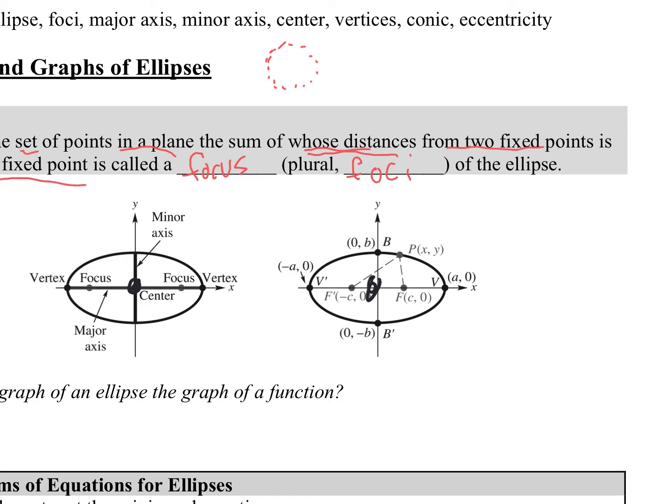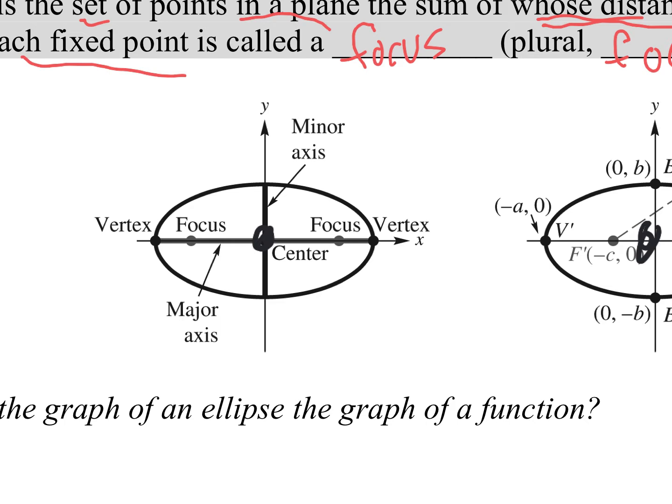Now, I'll show you where they are. There's a picture here. I showed you the center. These two are fixed points called foci. They're fixed, like a nail that's in the wood.